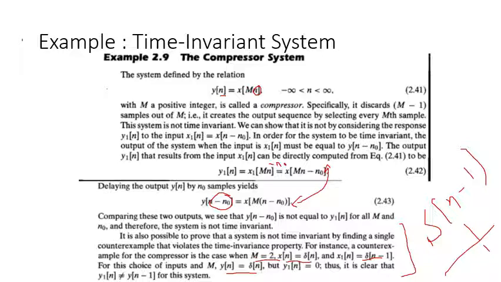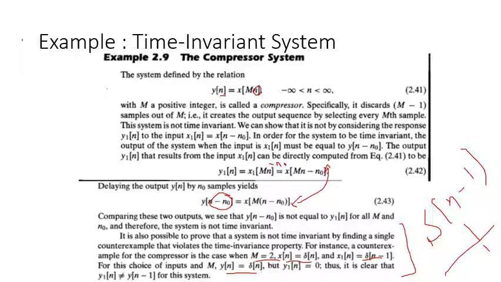So you need to understand that it is possible to prove the system is not time invariant by finding a single counterexample. It is not necessary to always prove that the system is time invariant. We can find a single example that violates the time invariance property. For instance, a counterexample for the compressor is the case when m is equal to 2 and the input x of n is this.